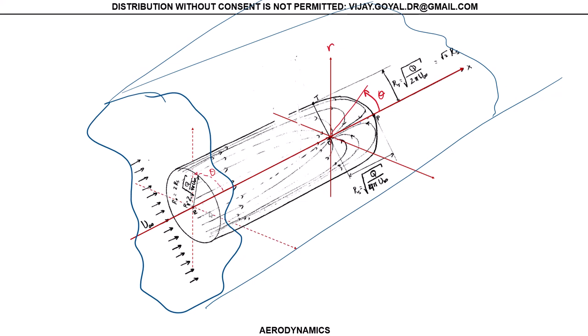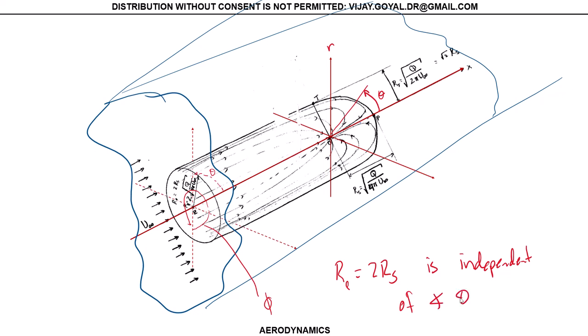However, in this axis over here is not theta, okay? This will be like phi. So your expression of RL equal to 2 times RS is independent of your angle theta. Okay, that's what it really means.